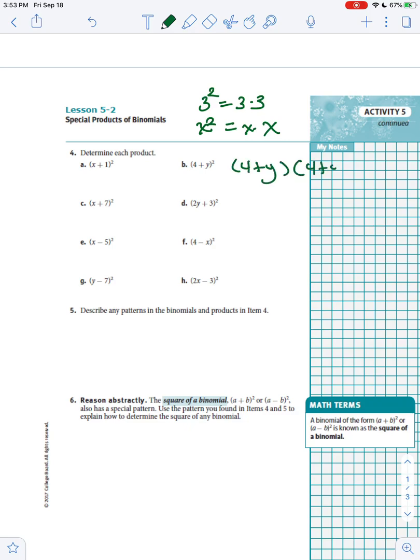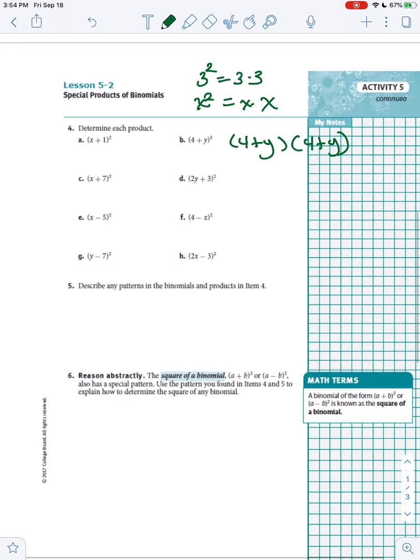Okay, so it's 4 plus y times 4 plus y. Then you could do all 4 steps of FOIL and maybe we'll see a pattern. It is the same binomial being multiplied by itself, and that's why it's allowed to be written as a binomial squared. But when we do our steps of FOIL, 4 times 4 is 16.